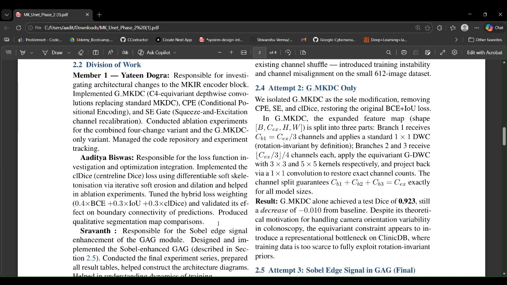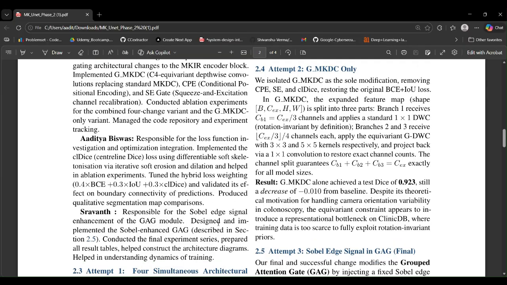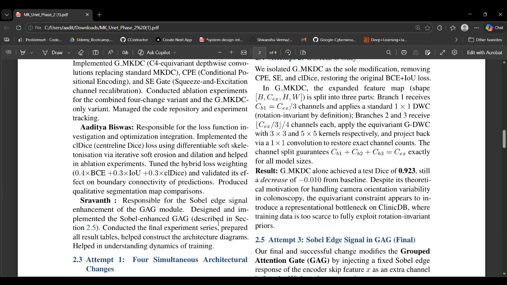So we have a GMKDC block first. This is a group invariant multi-kernel depthwise convolution block. This was our attempt, but unfortunately this did not result in better accuracy. So what we had done is we had taken a multi-kernel depthwise convolution, but of the same kernel.